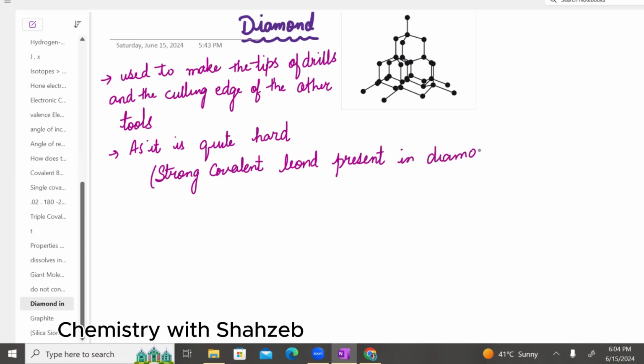Because of these strong covalent bonds, it also has a high melting point and boiling point. The reason is the same: strong covalent bonds present among them.